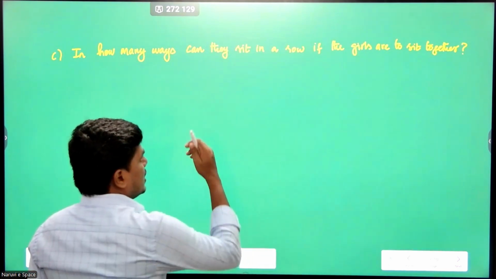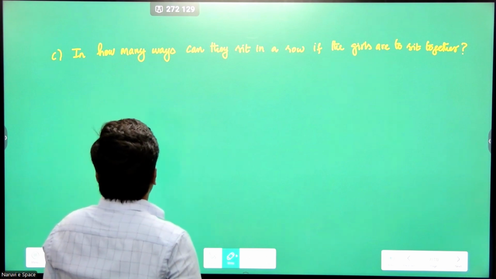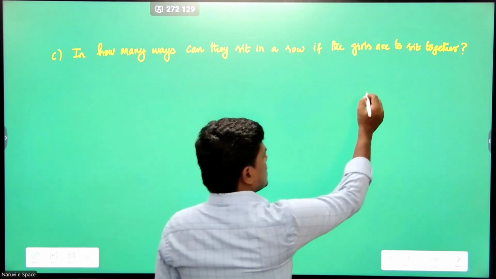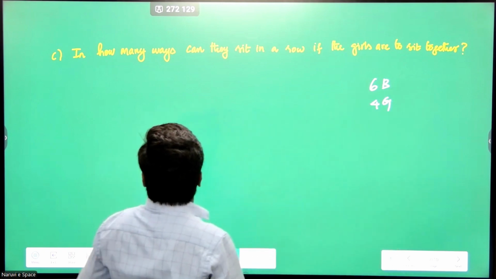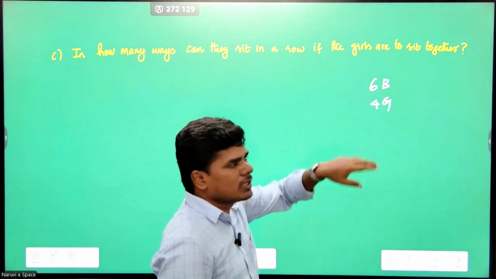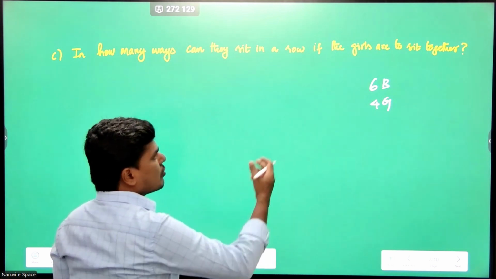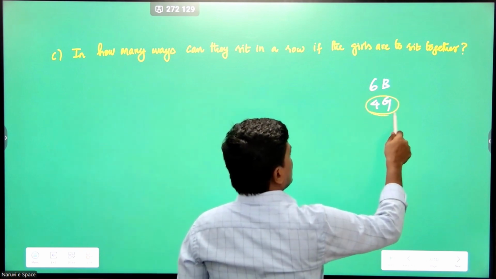The next question is based on the previous questions only. We have to remember that 6 boys are there, 4 girls are there. In how many ways can they sit in a row if the girls are to sit together? Now, the boys are not going to sit together, but the girls always sit together.